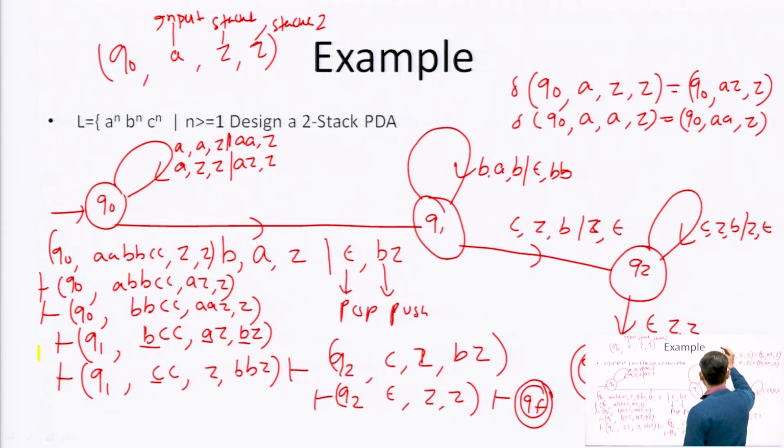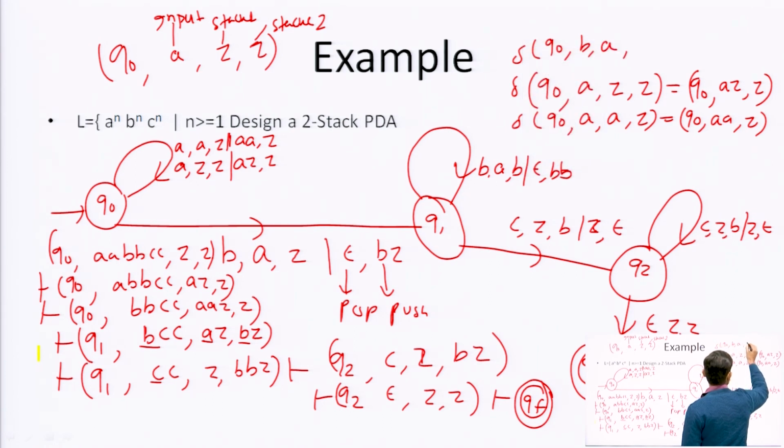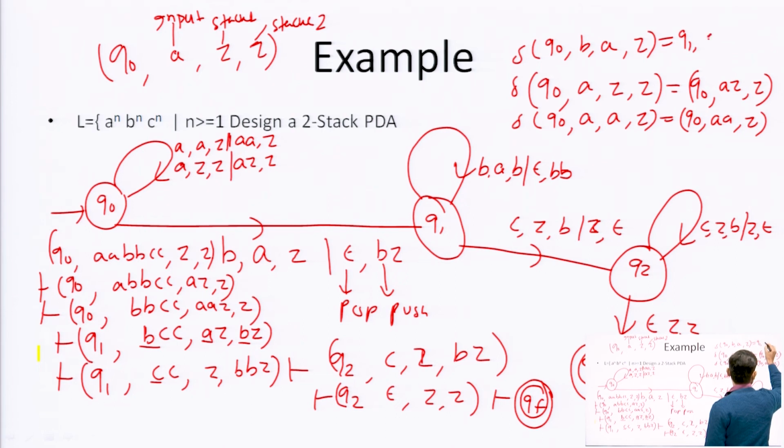Again I am writing here Q1: if in Q0 the input is B, stack 1 top is A and this is Z, what you have to do is go to Q1, and this is epsilon, and this is BZ.